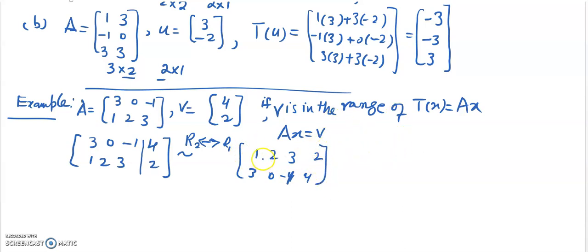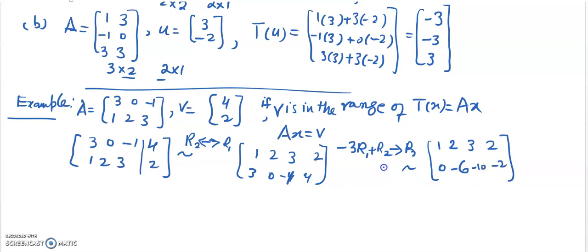Now the row operation we can apply is minus 3 times row 1 plus row 2, which becomes row 2. So it will be 1 2 3 2, and then 0, minus 6, minus 9 minus 1 is minus 10, and minus 6 plus 4 is minus 2.